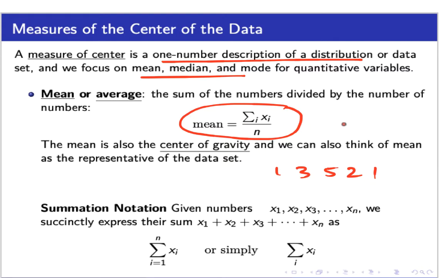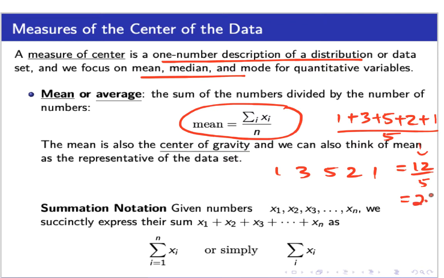So the mean for these numbers would be 1 plus 3, that's 4 plus 5, 9 plus 2, that's 11 plus 1, 12 divided by 5, because there are 5 numbers. So what do we get here? We get equals 12 by 5, which is going to be 2.4.